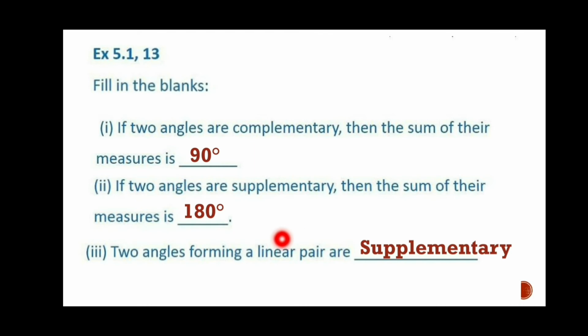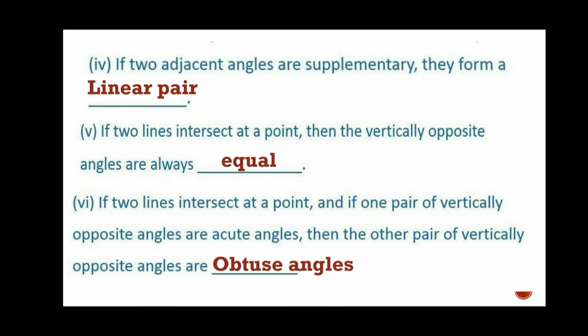So if two angles form a linear pair, they are also supplementary. The fourth one is: if two adjacent angles are supplementary, they form a linear pair. Yes, if two angles are adjacent to each other and their sum is 180 degree, then they are also called a linear pair.